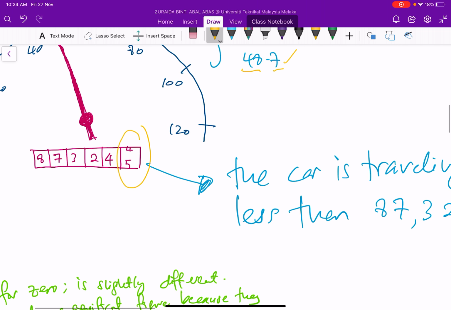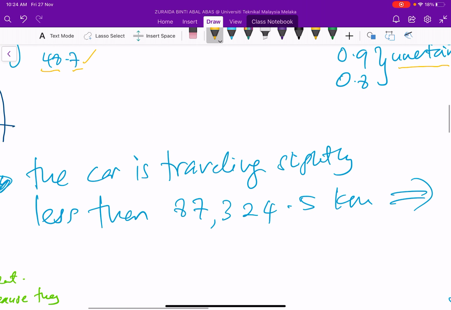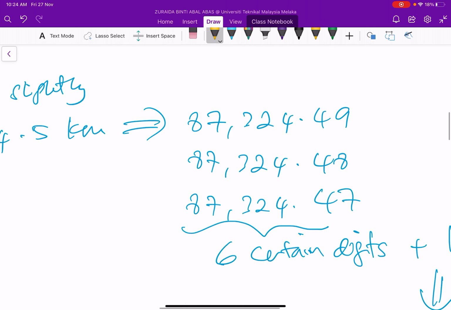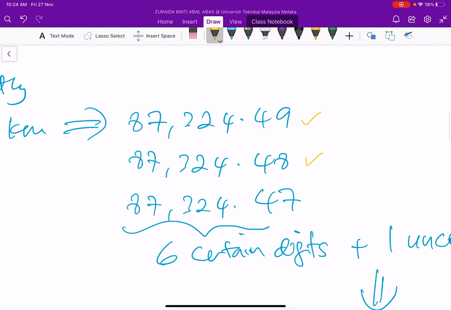So the car has traveled slightly less than 87,324.5 kilometers, whereby it can be 87,324.49, or 87,324.48, or 87,324.47.